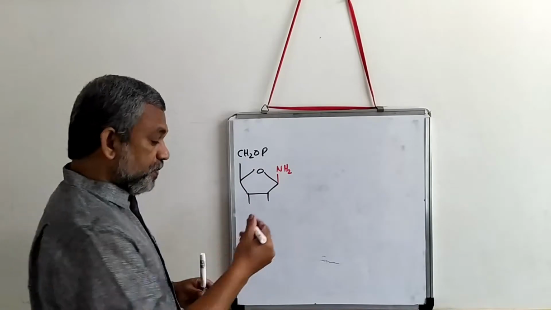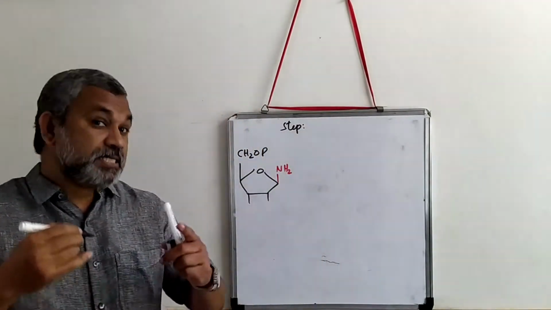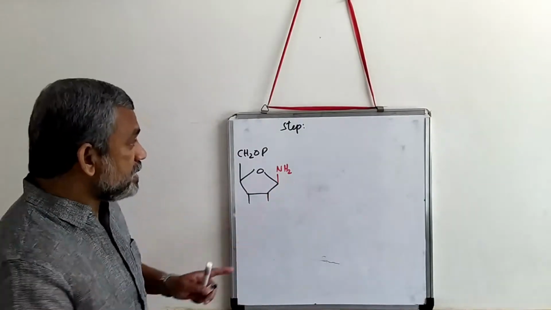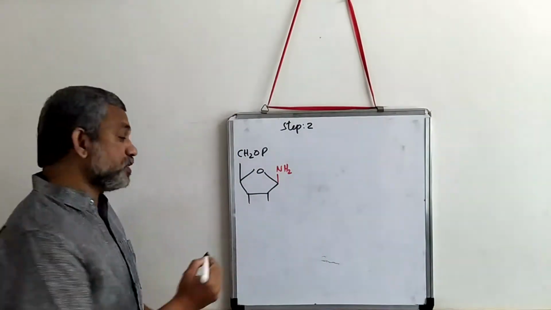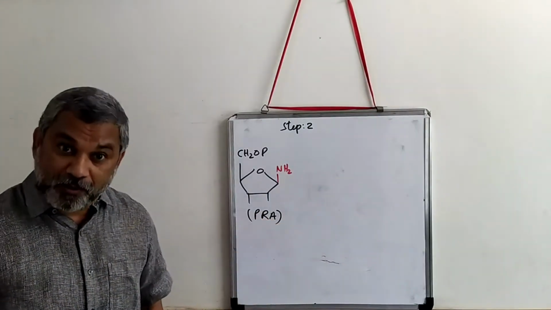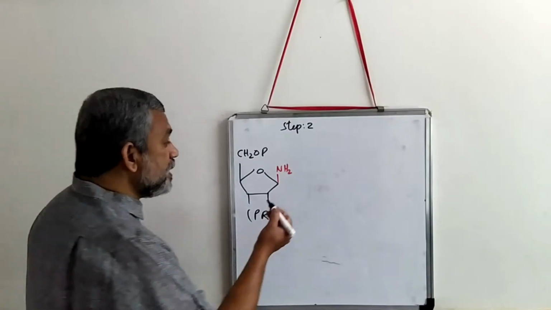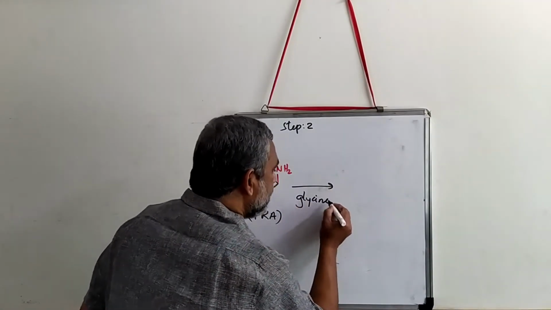Step number 2: once you have 5-phosphoribosylamine, which we shall call PRA as a short form, the next step is to add a glycine molecule to it.